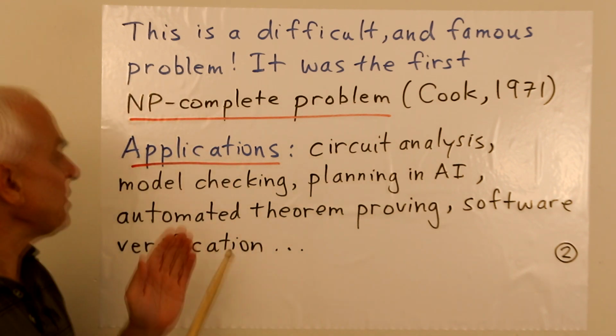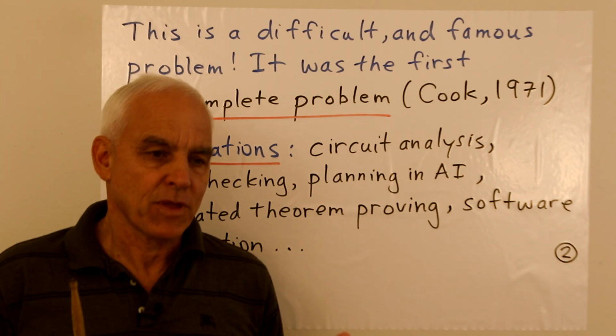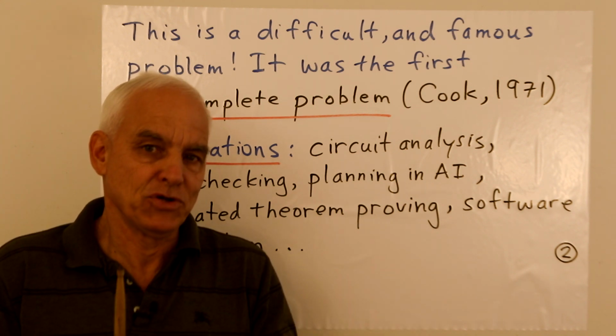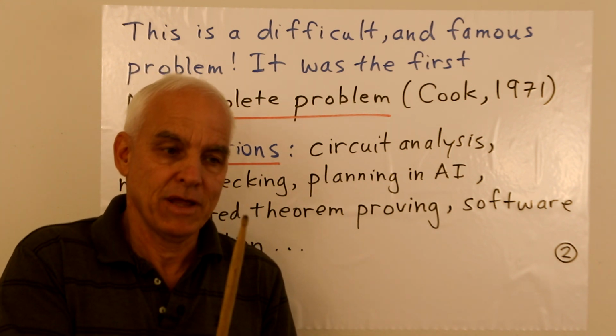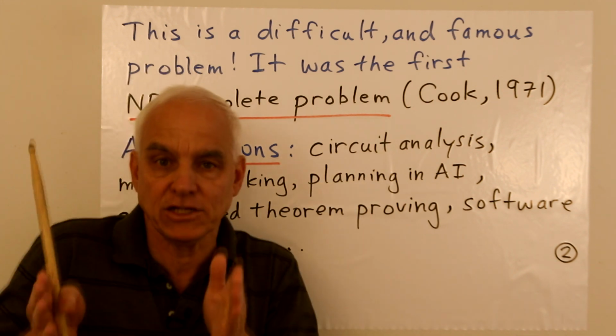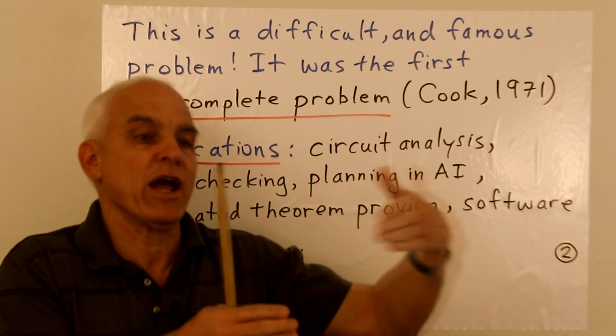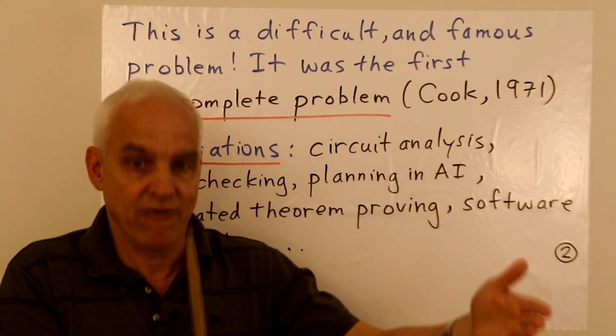So, roughly speaking, an NP problem is a problem for which we can verify whether a solution is correct in polynomial time, polynomial in terms of the size of the inputs and how much time it requires to check whether a solution is valid or not.